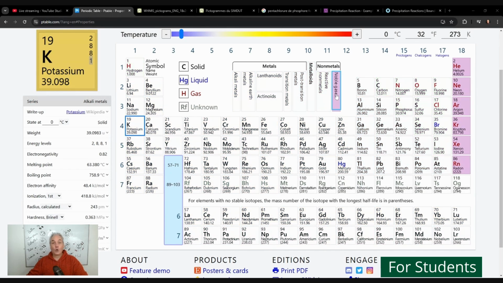The next one is the noble gases. The noble gases are interesting because helium, neon, argon, and so on all have their 2 conditions fulfilled. They have the same number of protons and electrons, and they have their valence shell full. That means they tend to be very inert. They don't react with the environment very much because they are satisfied the way they are.